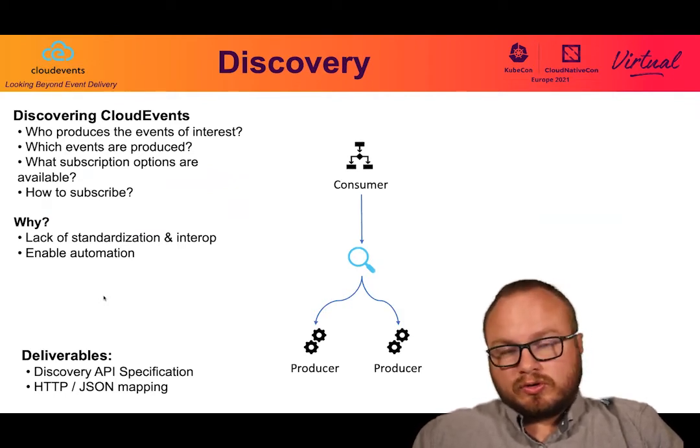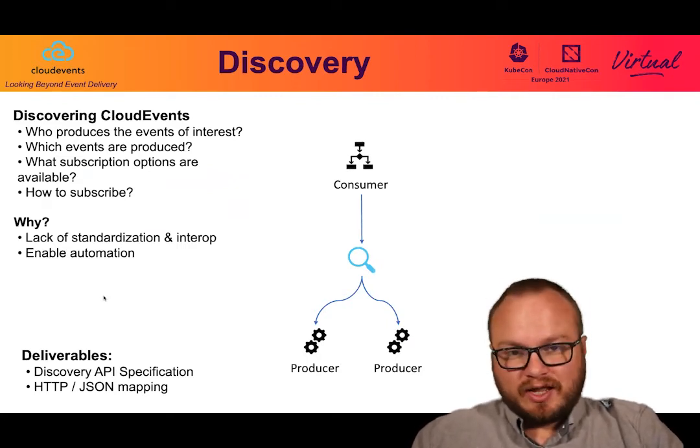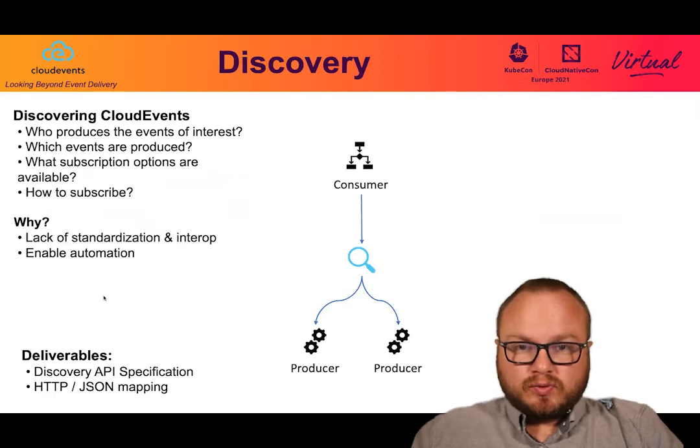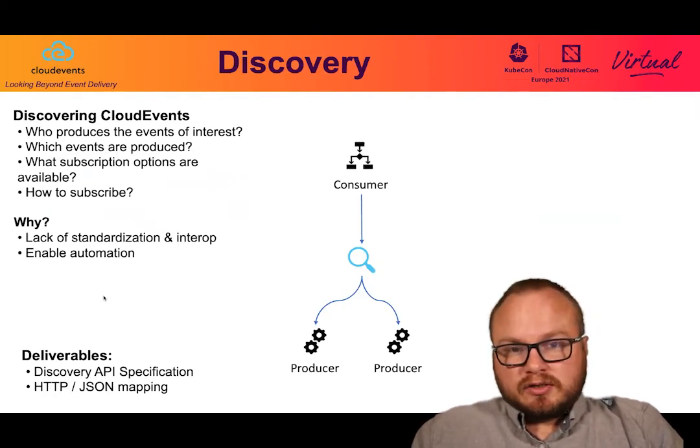So no more documentation browsing where you spend hours and hours, because each system is clearly different. The deliverables of the specification group are the Discovery API specification, which is basically OpenAPI, and the HTTP/JSON mapping to understand how to subscribe.